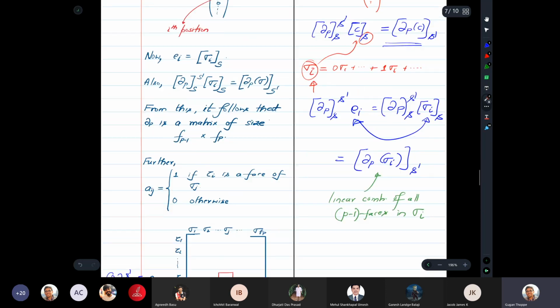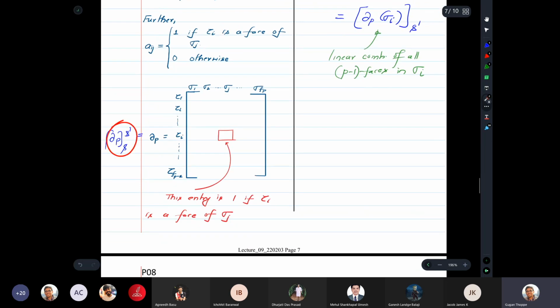So you can put all your P minus 1 faces on the rows, and you can put all your P faces on the columns. You take your P minus 1 faces, put them here. You take your P faces and put them on the columns, right? So this is how you have to interpret the matrix.